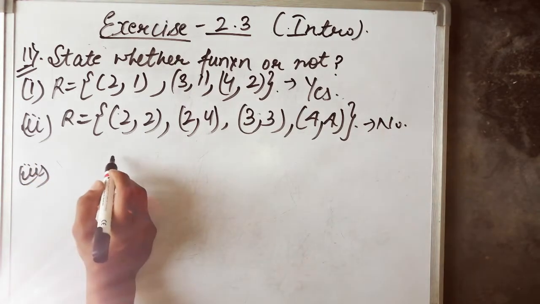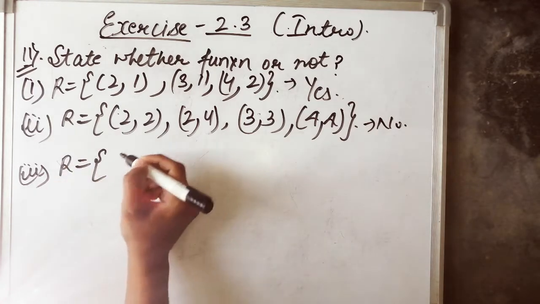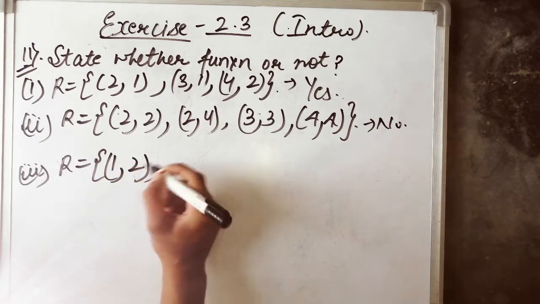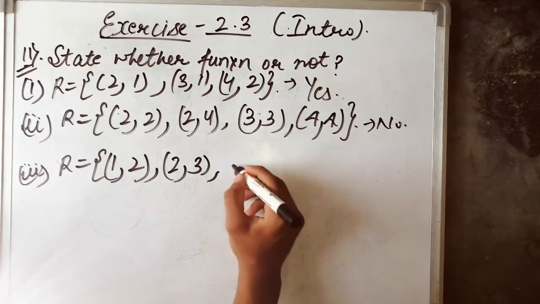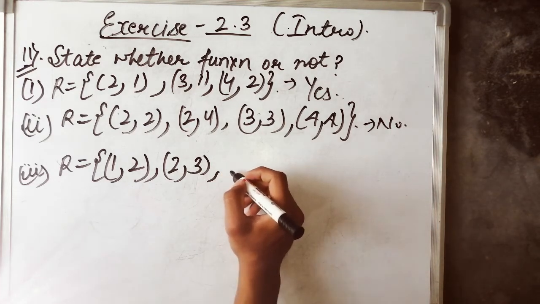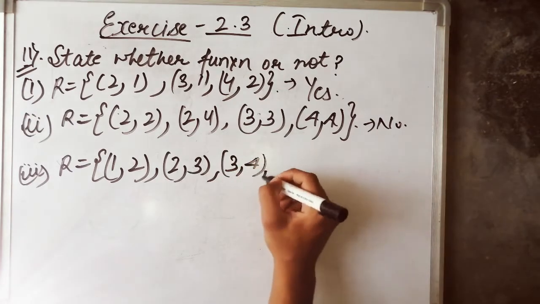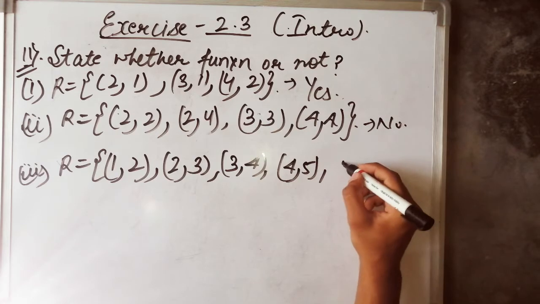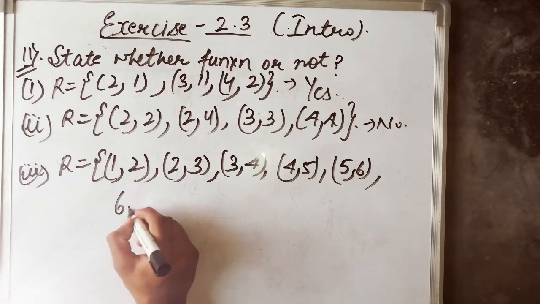Let's see what our third part says. R equals {(1, 2), (2, 3), (3, 4), (4, 5), (5, 6), (6, 7)}.